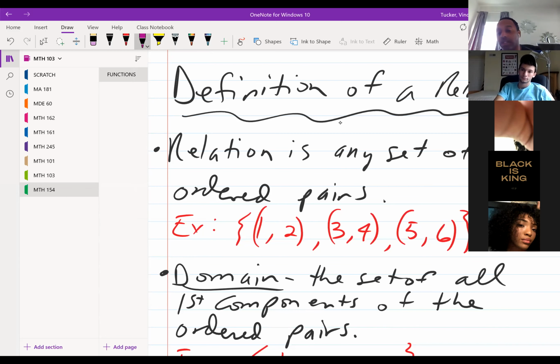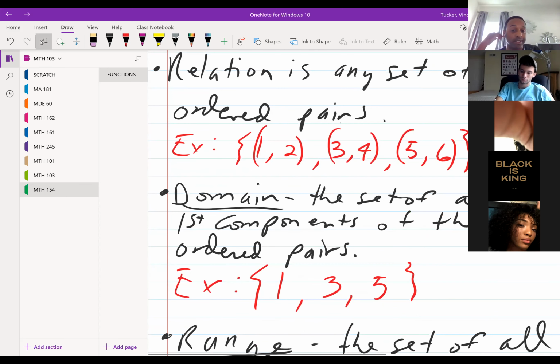Looking at your Cartesian coordinate plane, X is your horizontal axis, Y is your vertical axis. You use those ordered pairs to plot points. When they say ordered pair, they expect that to be okay with you. If I use any terminology you don't know, make sure you ask your question. So a relation is just any set of ordered pairs. I just did a random example: (1, 2), (3, 4), (5, 6).